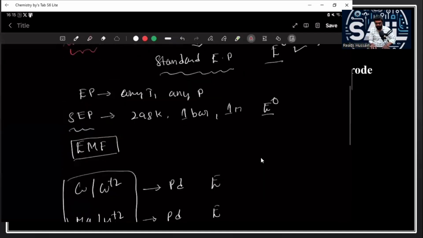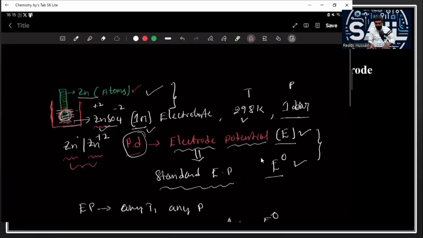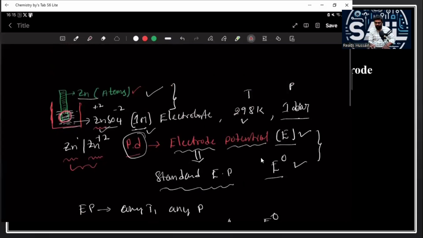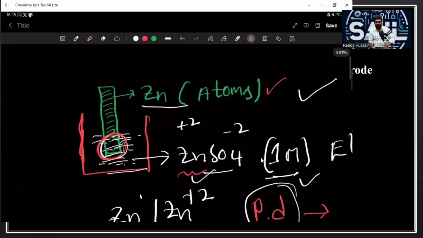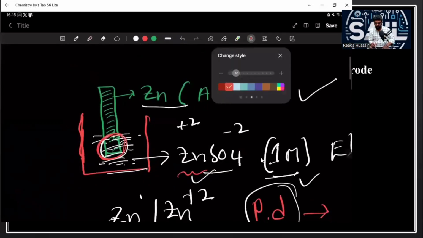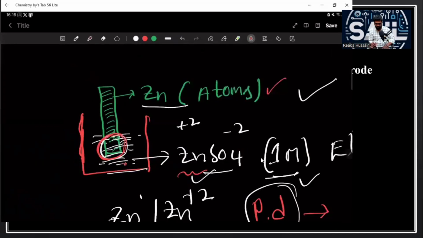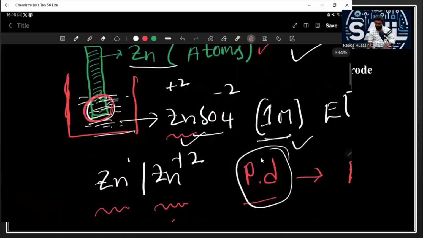I'll come back to the previous screen. See here, at the beginning I explained this picture. The metal rod is in contact with its solution. Now the concentration is taken as 1 molar. If I change this concentration, the potential difference also changes.